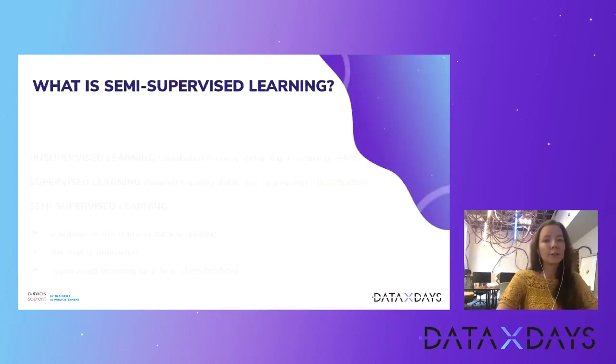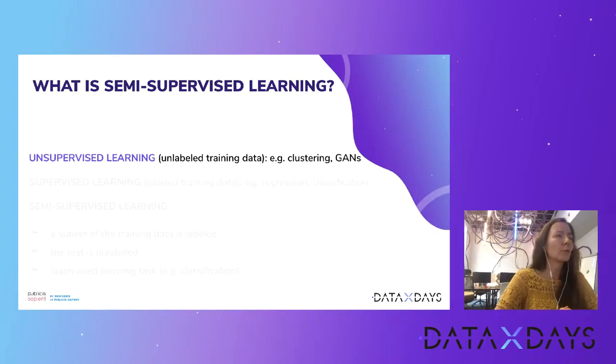So, semi-supervised machine learning. Let's first say a few words about what it is. We're probably all familiar with unsupervised learning, which is the type of machine learning that involves unlabeled training data. Some examples of algorithms most frequently used are clustering, which is when you look at your data points that don't have any labels, and you just put them in little clusters, depending on how close they lie to each other in their feature space or latent space.